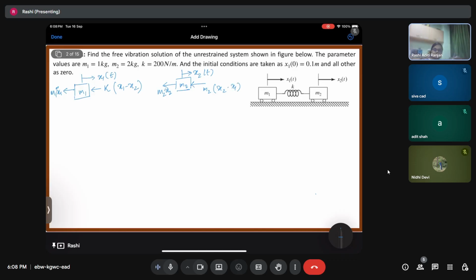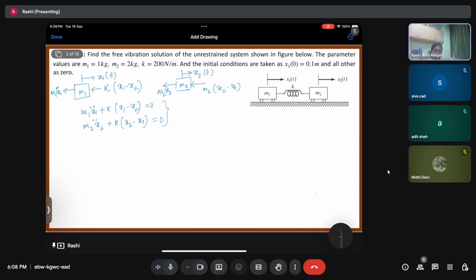There is no external forcing. So m1 x1 double dot plus k(x1 minus x2) is equal to 0, and m2 x2 double dot plus k(x2 minus x1) will be equal to 0. Now what do we do after that?